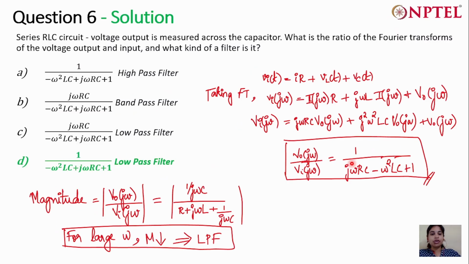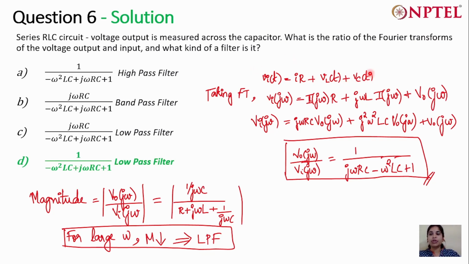Now, we have to use these in our equation. We have a series RLC circuit, right? So, Vi of t, whatever our input voltage is, is I into R, the voltage across resistance, plus the voltage across inductance, plus the voltage across capacitance.